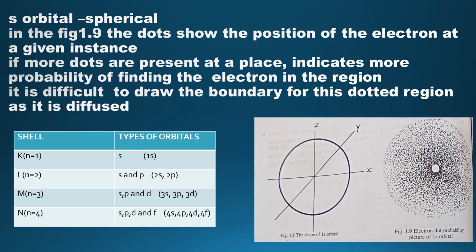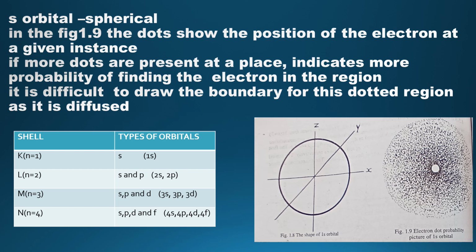Now, s orbital. S orbital is spherical in shape as shown in the figure. A better way of representing s orbital is shown in figure 1.9. In this diagram, the dots show the position of the electron at a given instance.